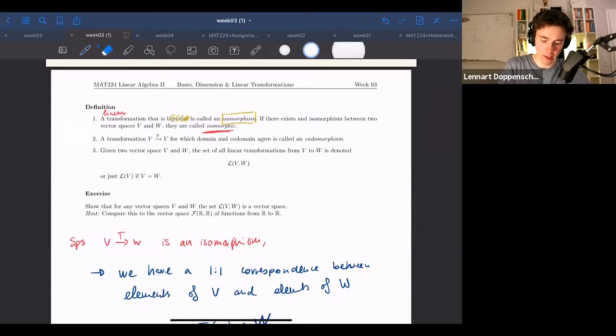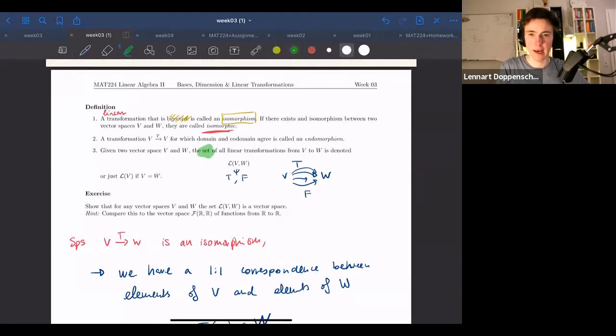If T goes from V to W, and F does the same, then T and F are all elements in here. So far, notice I've just said that this is a set. Anyone can define a set, and there are very few things you could seriously mess up when you define a set. So there's no problem with defining this.